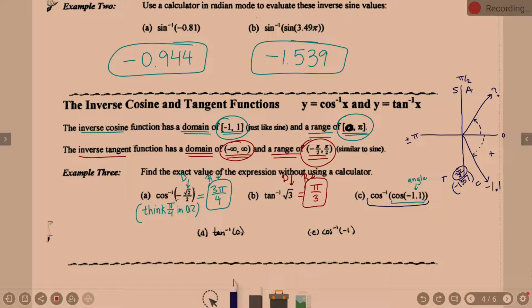You're going to go up 1.1, yes? So this angle is 1.1. When we start talking about cosine, it talks about this quadrant here, quadrant 4. Cosine inverse wants to know the equivalence of that up here, which is the 1.1. So all of that to say, the cosine inverse of cosine of negative 1.1 is actually positive 1.1.